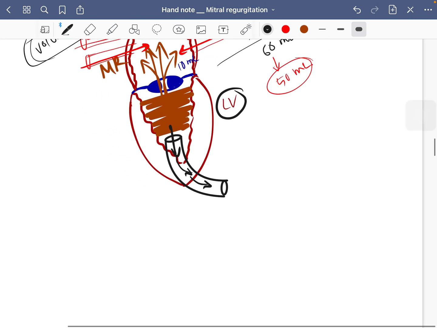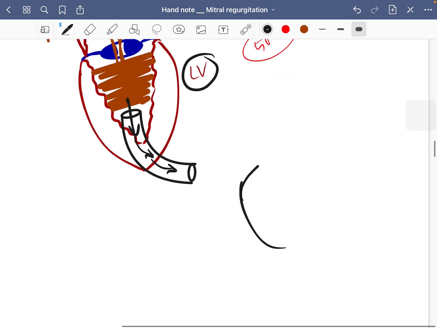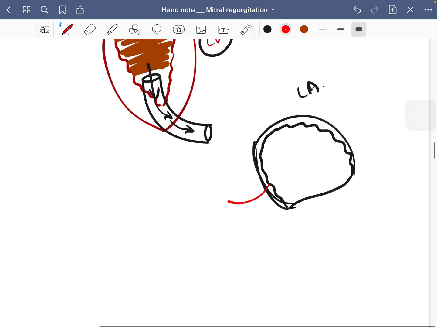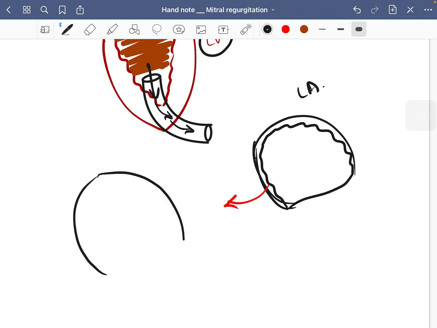Suppose this is the left atrium, only the left atrium. Now I'm drawing the left atrium again. What can you see there?